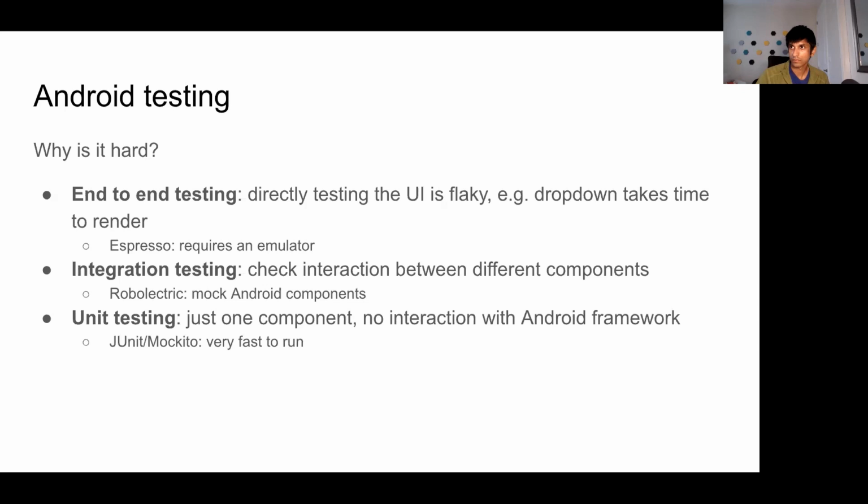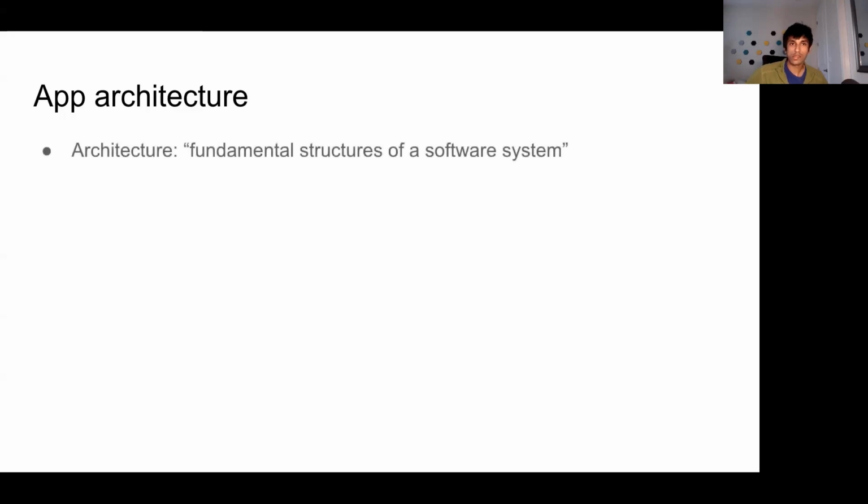All right. The next thing that we haven't talked about, which again could probably be 2 or 3 lectures alone, would be app architecture. So what is architecture? Architecture is the fundamental structure of a software system. And so when you think about architecture, it's inherently something hard to change.